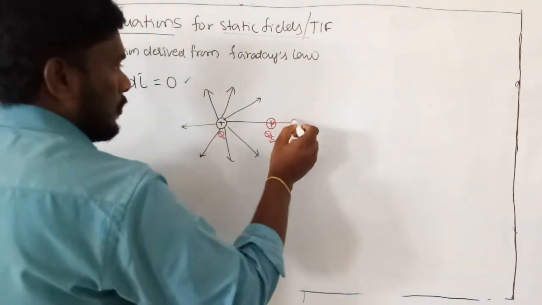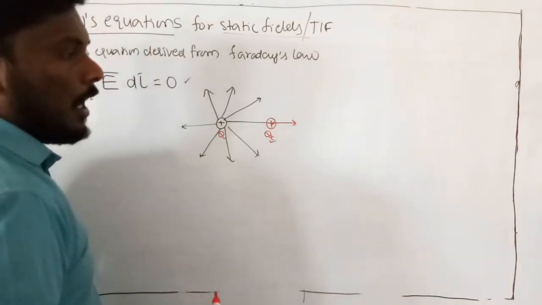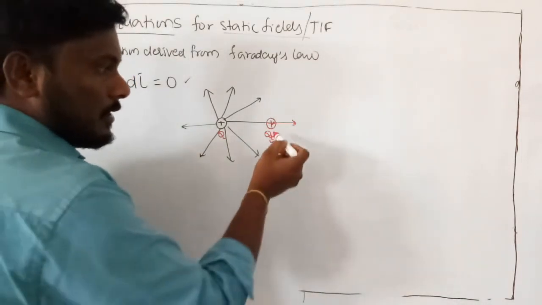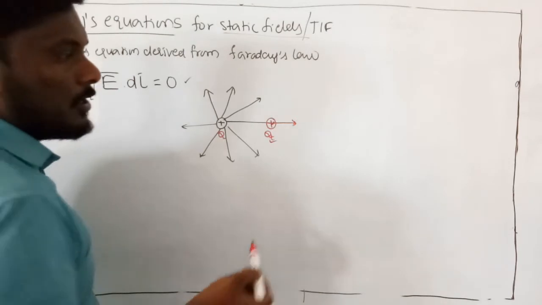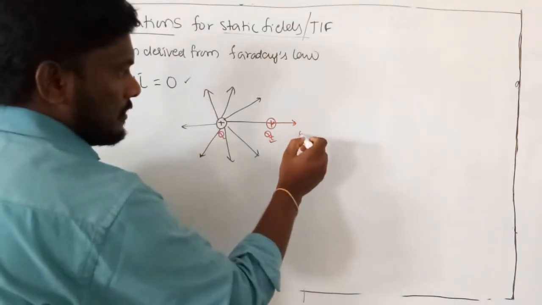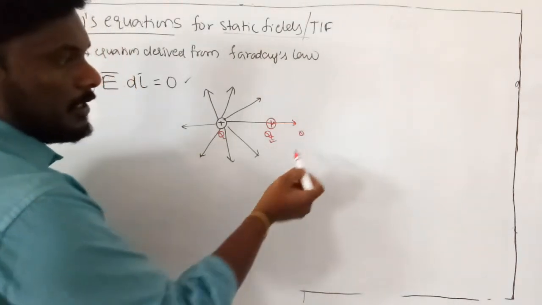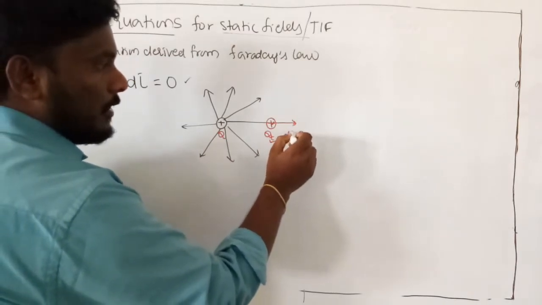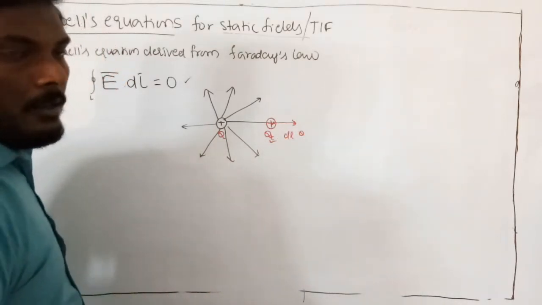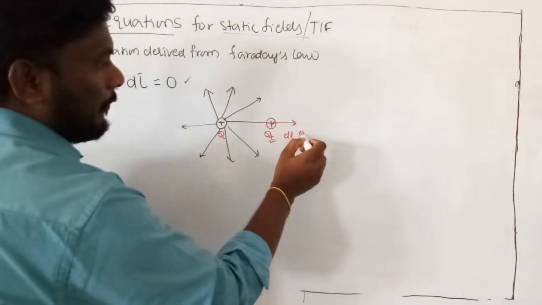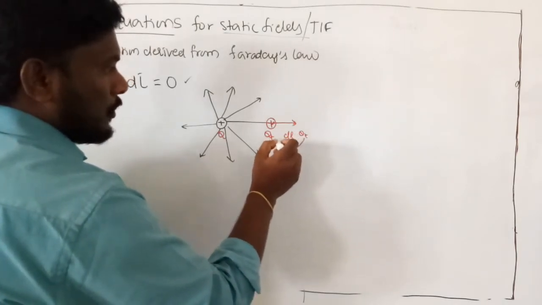So to bring the test charge back to the same location: suppose this charge is here, and after experiencing force, it moves some distance dl. Now I want to keep my test charge in the same position.